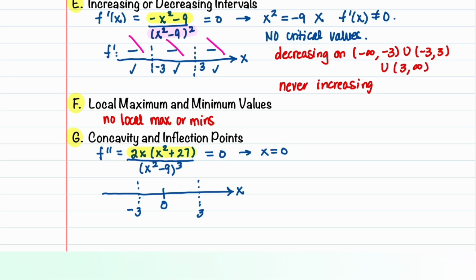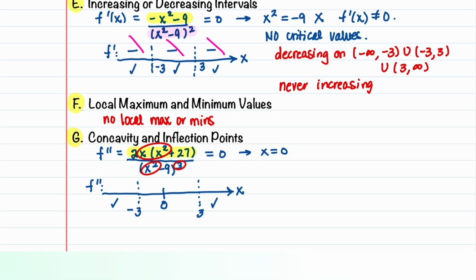Because concavity can change at a vertical asymptote, we are looking at the value of f double prime. Since our derivative is so complicated, in the left region and the right region, we only need to look at the leading term. So we're going to look at this leading term divided by that leading term.